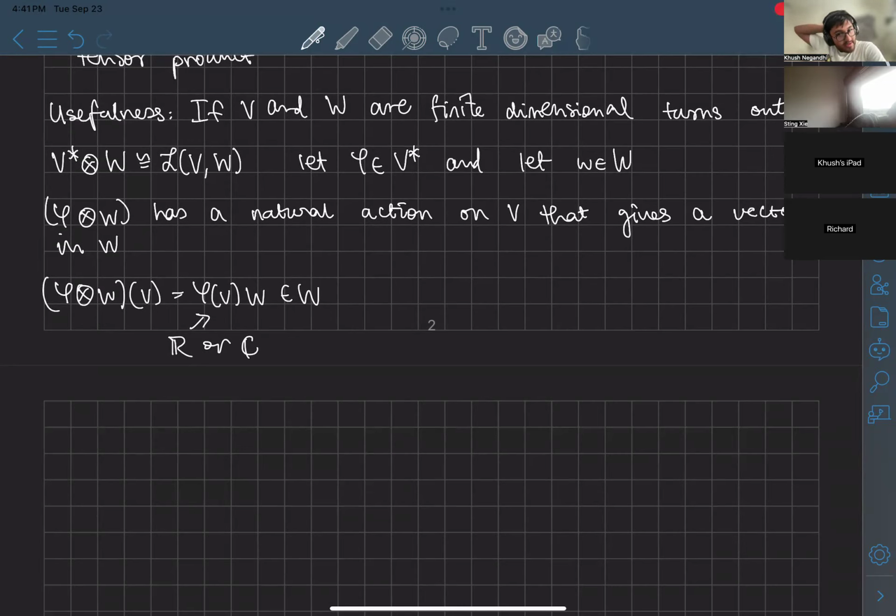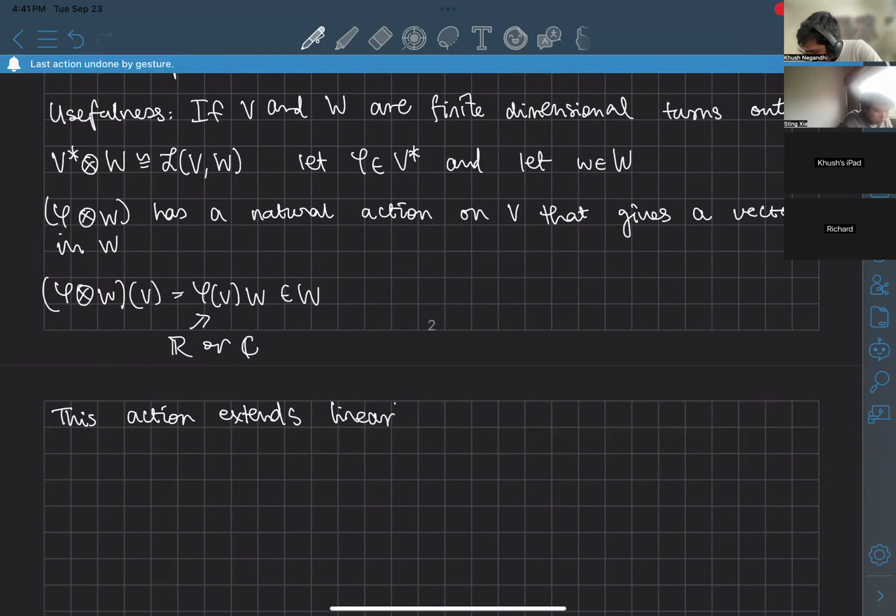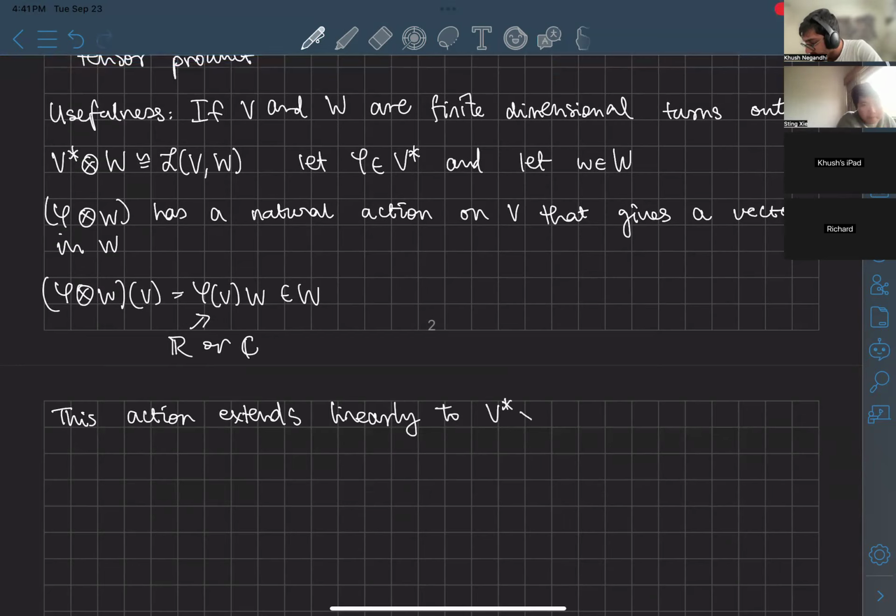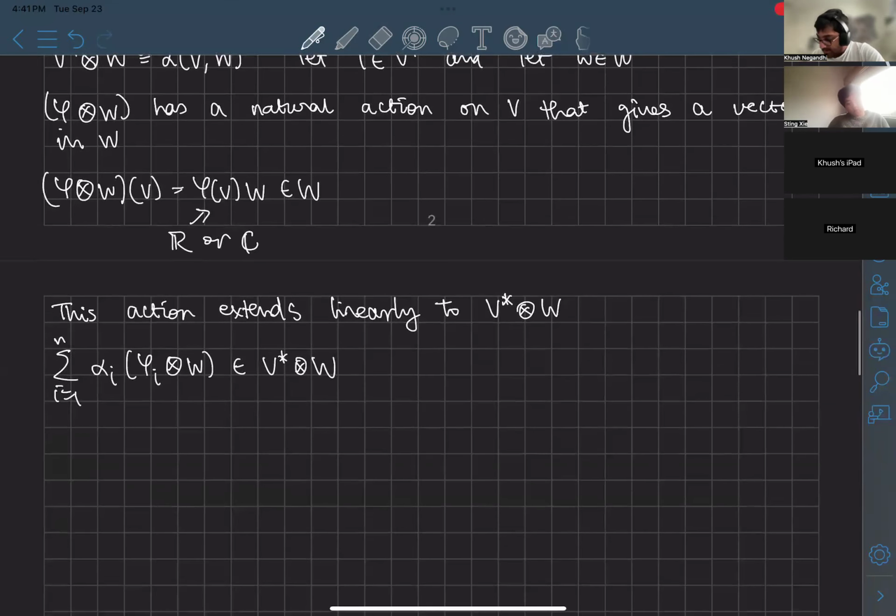And this action extends linearly to all of V dual tensor W. An arbitrary vector looks like a finite linear combination of alpha i times phi i tensor w i.